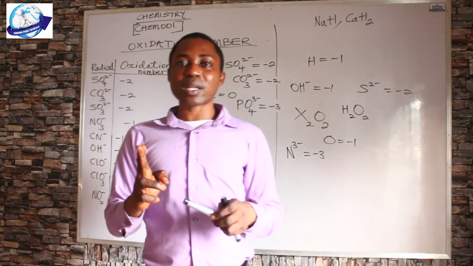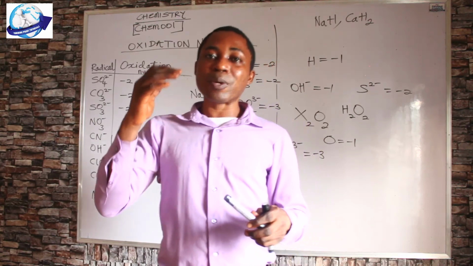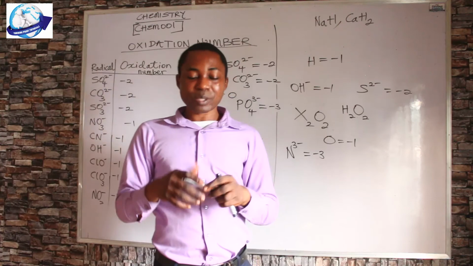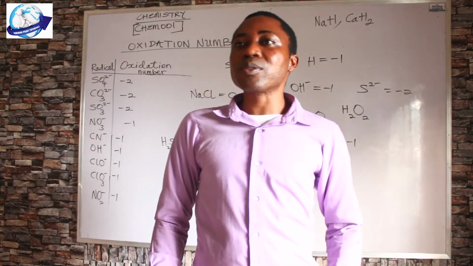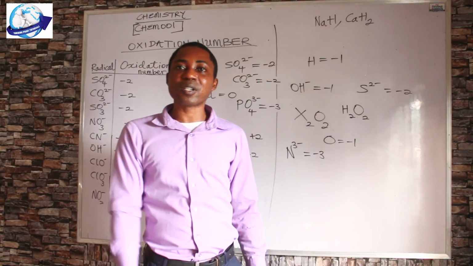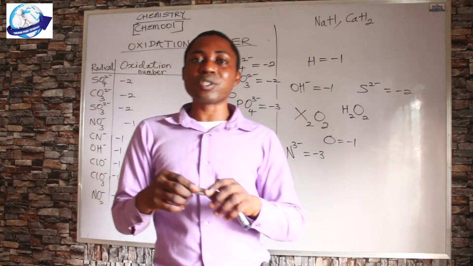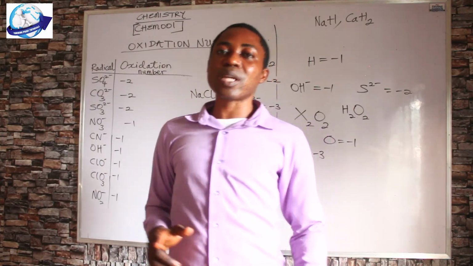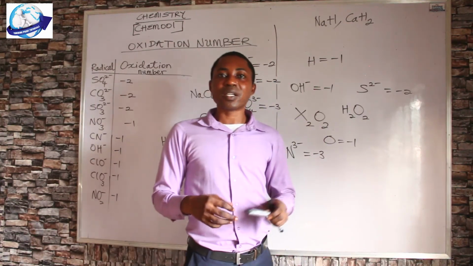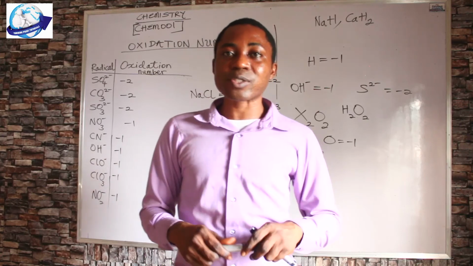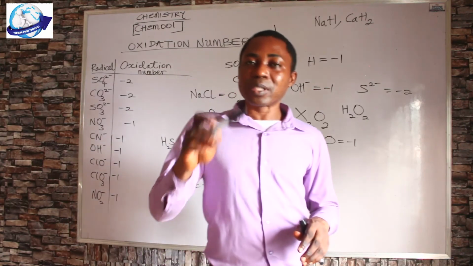Then in the next class, when we meet, we'll talk about how we can handle the calculations in the aspect of oxidation number. I want you to go prepare yourself, read ahead, because as we get through the calculations, we move straight into balancing of a redox reaction, how we can balance a redox reaction, and the principle and steps to follow.